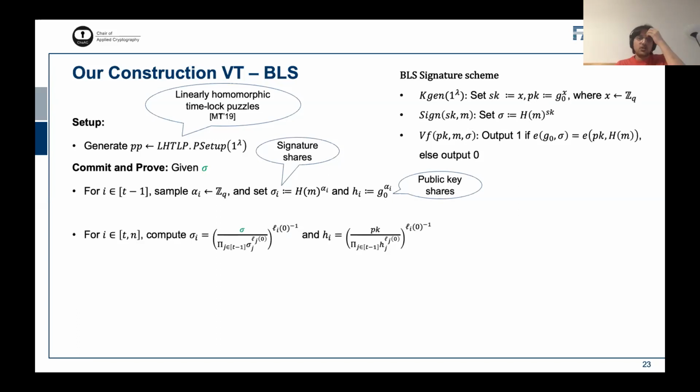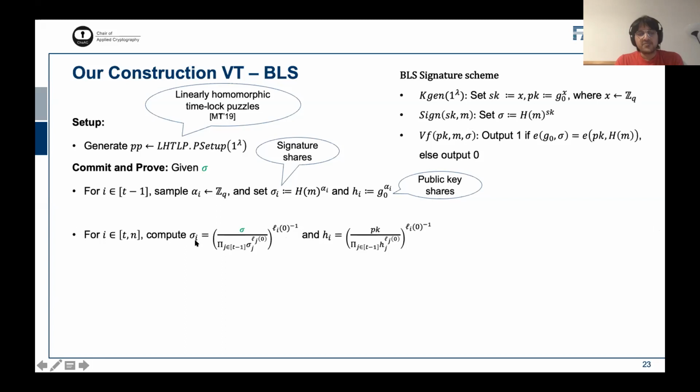Now you generate the rest of the signature shares by intelligently arranging the elements such that each of these sigma I is a valid share for a t out of n sharing of sigma.